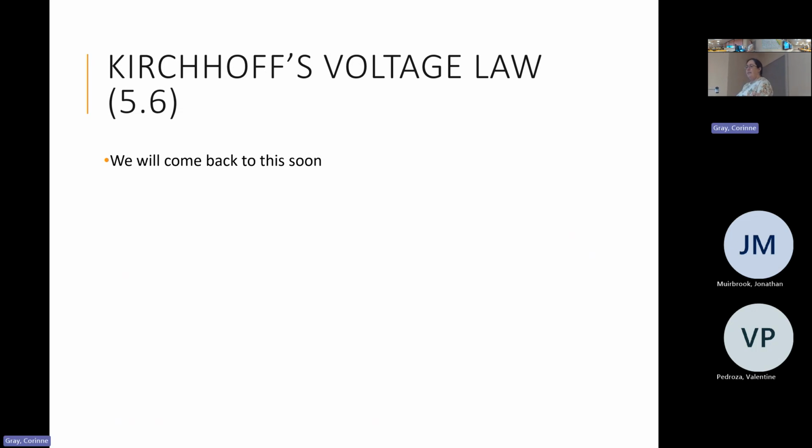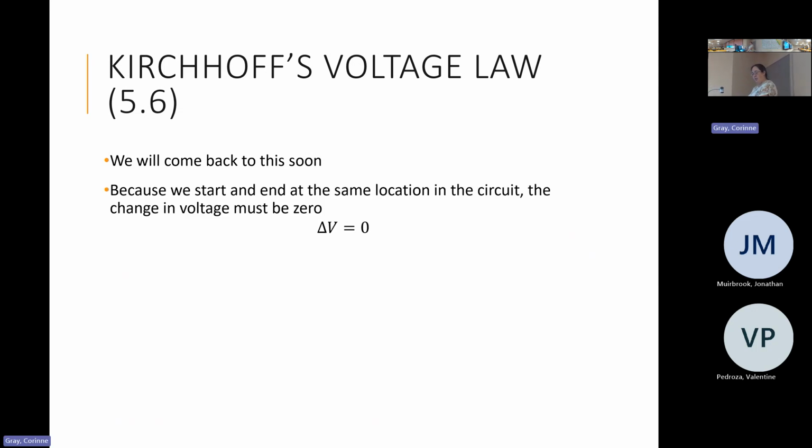But the main idea of Kirchhoff's voltage law is that if I start and end at the same point in my circuit, my change in voltage is going to be equal to 0. We are going to assume that as I go through the wire, I'm not losing any voltage.